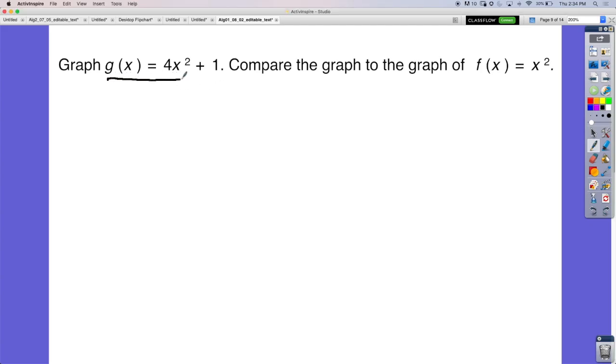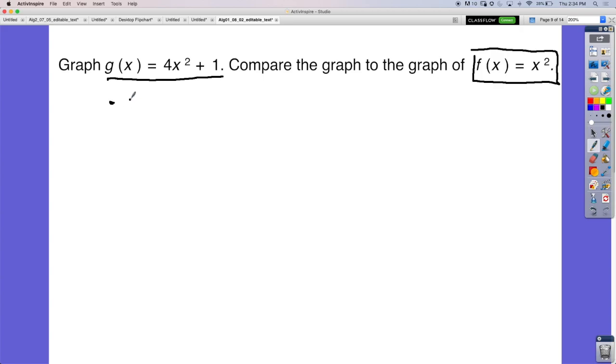Okay, so now let's get into a function that's a little bit more complicated, but not so bad, because everything has to be compared to the parent function. So we look at the new function, the baby function if you want to call it. Going from left to right, what's the first change you see? The 4. And from yesterday's homework, if you paid attention in class, the 4 is saying what? Is it a stretch or a shrink?